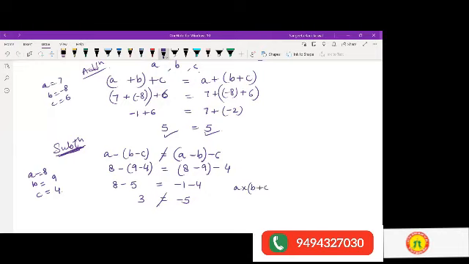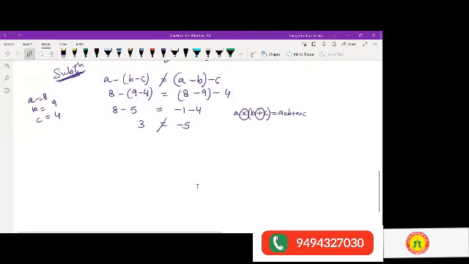A into B plus C gives you A into B plus A into C. Two operations are here: multiply is also happening, plus is also happening. The distributive property holds for addition and multiplication.